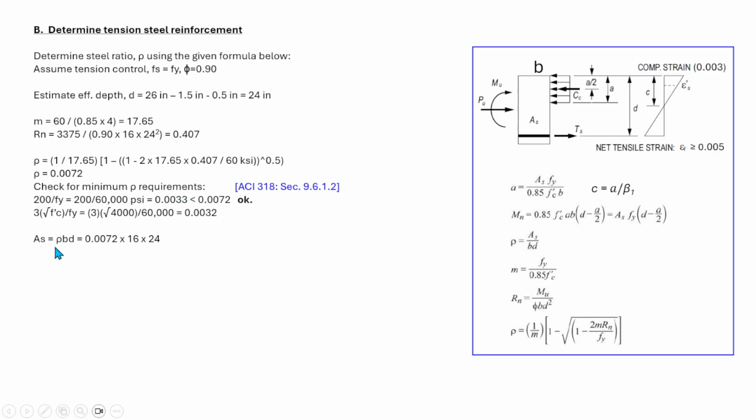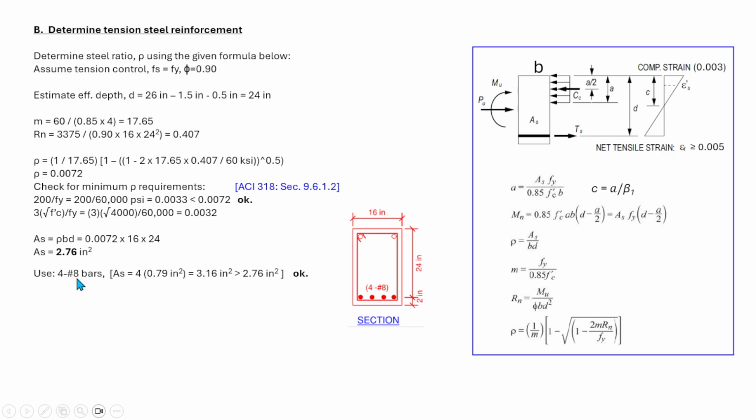So As is equal to rho b d. Rho is equal to 0.0072 times the width of the beam times the depth, which is 24 inches. So the required steel reinforcement is equal to 2.76 square inch. So that is our requirement.